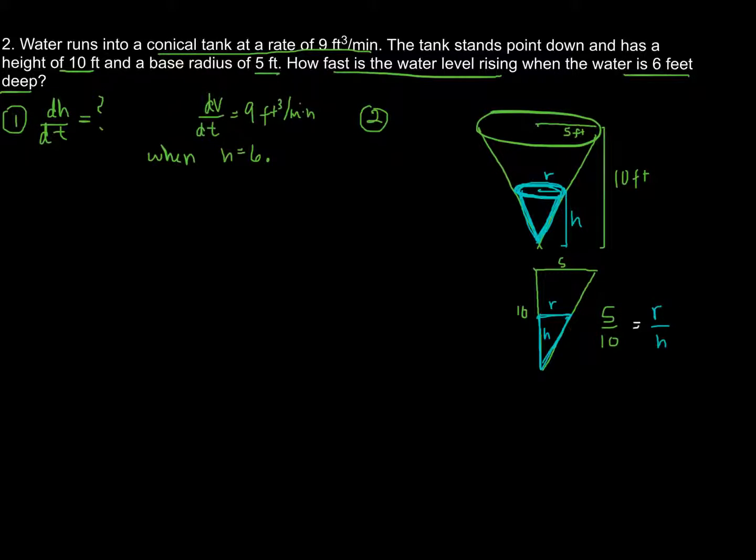So this is going to be a key relationship that is going to help me in a few minutes. So now with this in mind, let's go ahead and build ourselves an equation which relates the height to the volume of my cone of water.